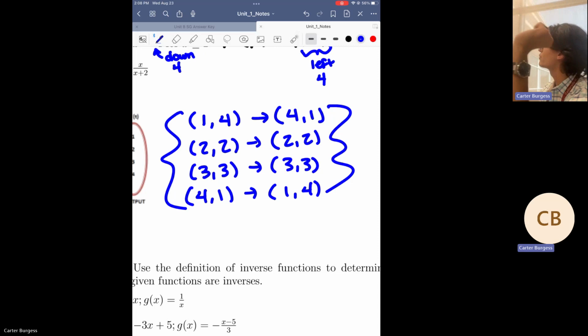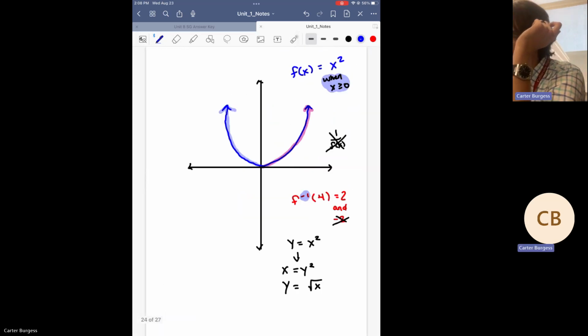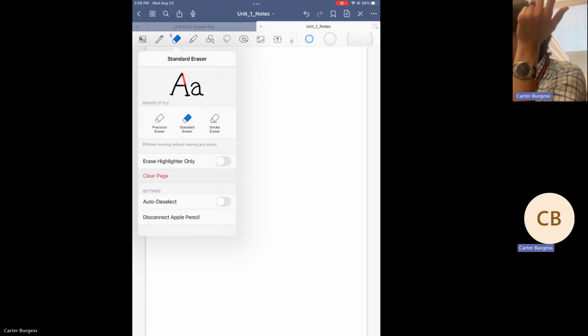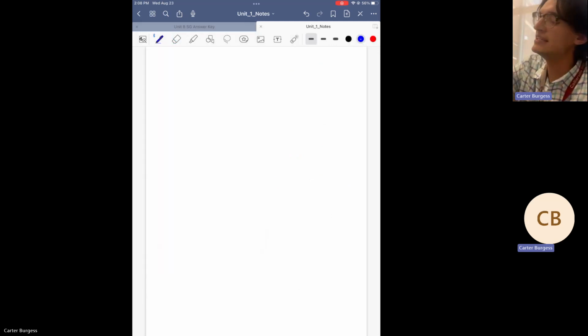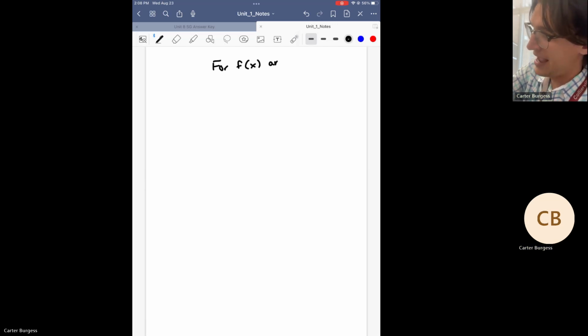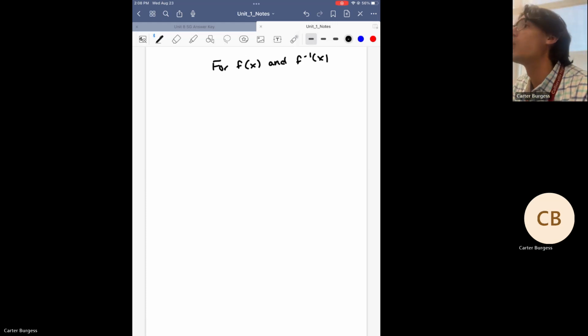Now, the way that we break x out is going to be using our new operator, composition. This is not a coincidence by any means. This is purely a definition, which is to say that if I have an inverse function, f of x and its inverse, when I compose them, all that's left is x.